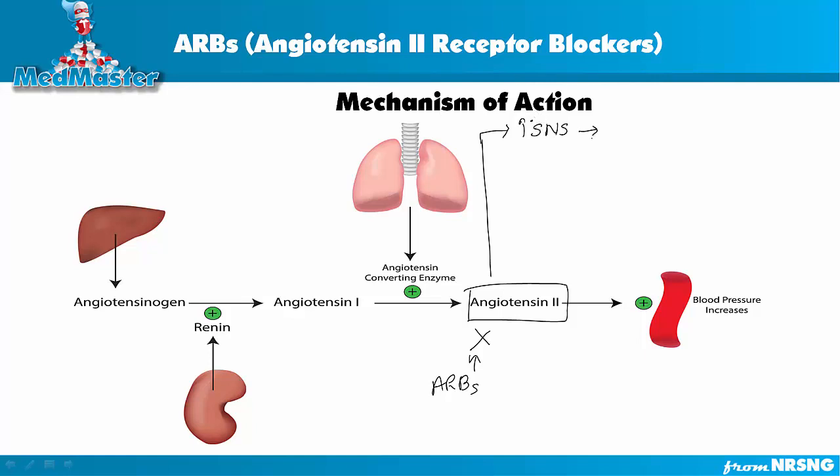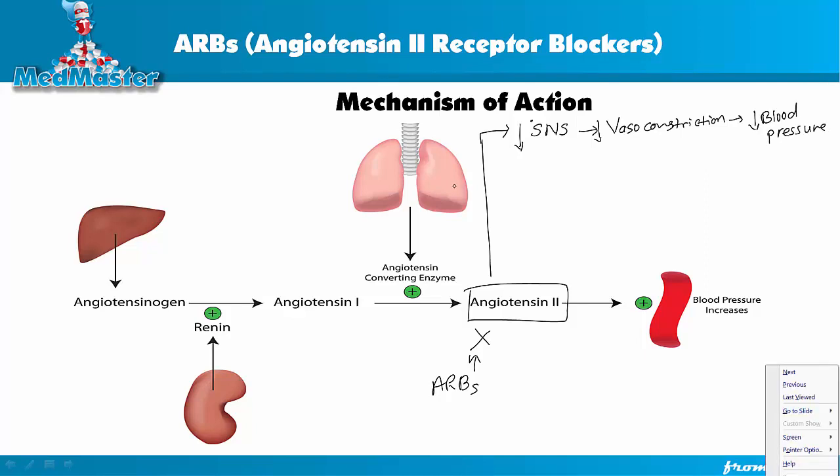When it increases the sympathetic nervous system, it's going to cause vasoconstriction, but when we block this, it's not going to increase the sympathetic nervous system. It's going to decrease the sympathetic nervous system, and it's going to decrease the vasoconstriction, which is going to decrease blood pressure. That is one reason we use this medication, to treat high blood pressure.